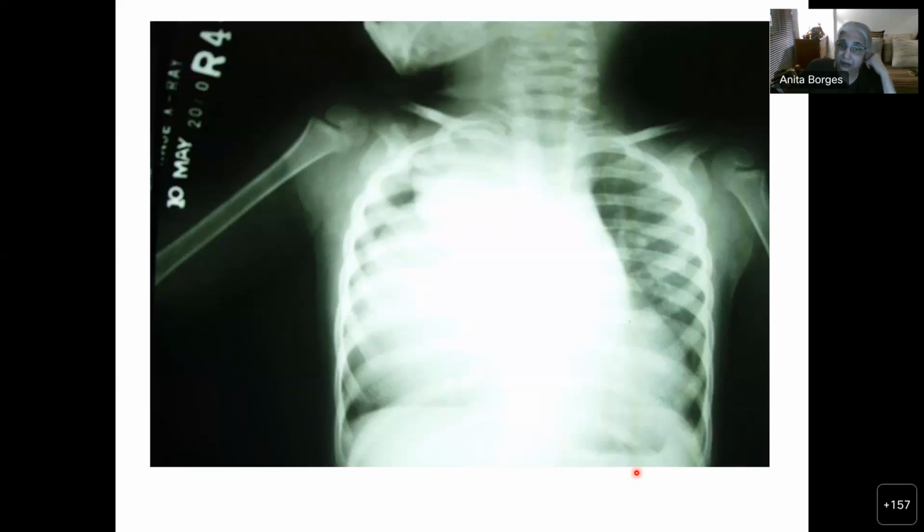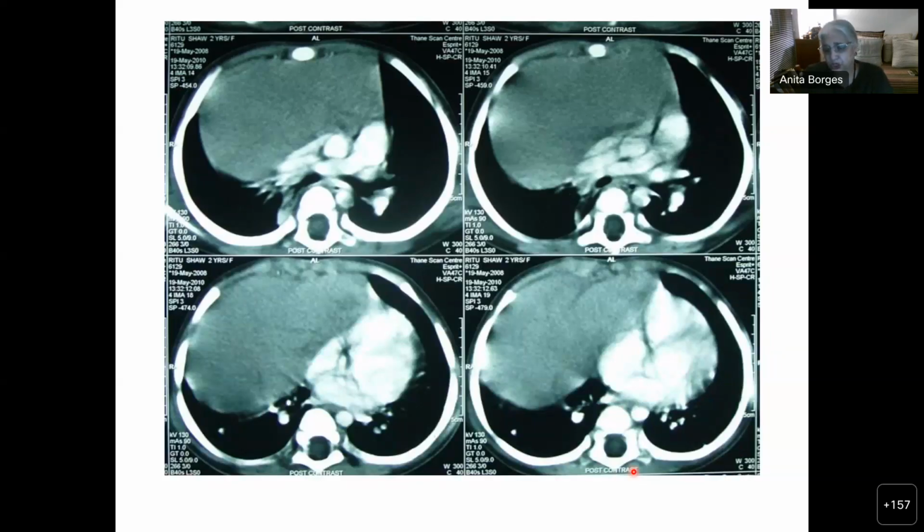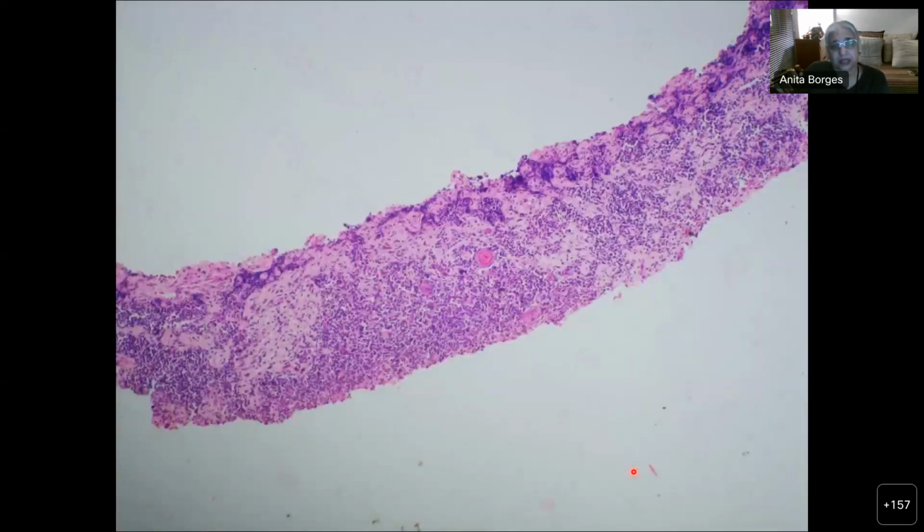See, this is that kid, and there's hardly any lung over there through which this poor kid could breathe. Yeah, huge anterior mediastinal mass, and this is the core biopsy.